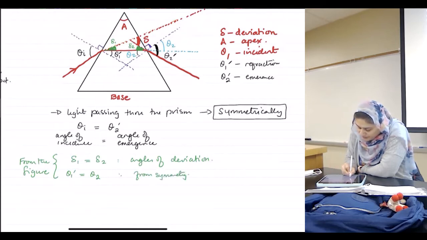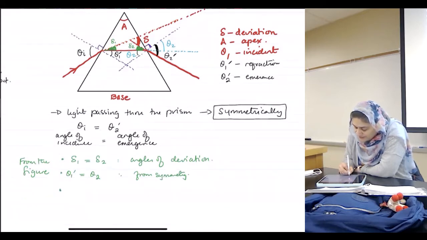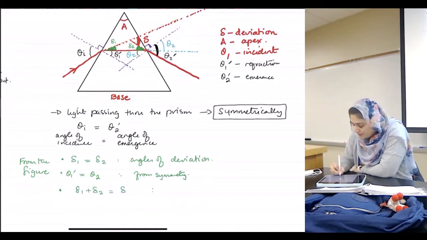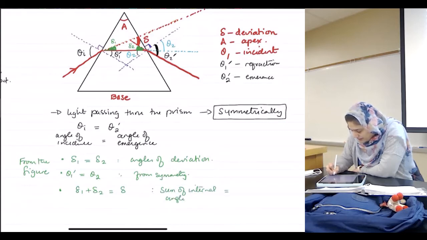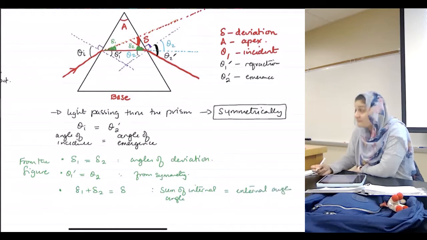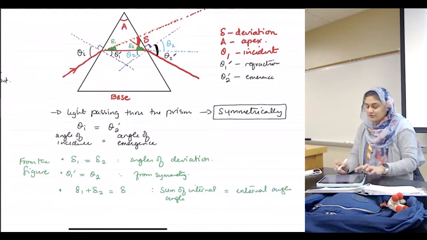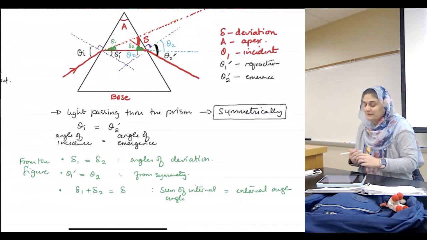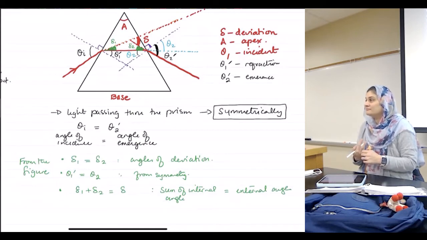Can I also write the sum of internal angles, delta 1 plus delta 2 equals delta? The sum of internal angles in a triangle equals the external angle, from geometry. So these two, the ones in green, are equal to the delta that's outside.